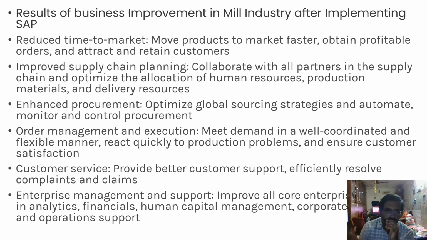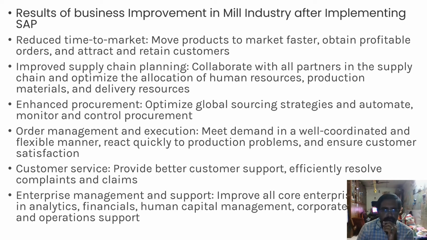And then we have customer service: provide better customer support and efficiently resolve complaints and claims. And then we have enterprise management and support: improve all core enterprise activities in analytics, financials, human capital management, corporate services, and operations support.